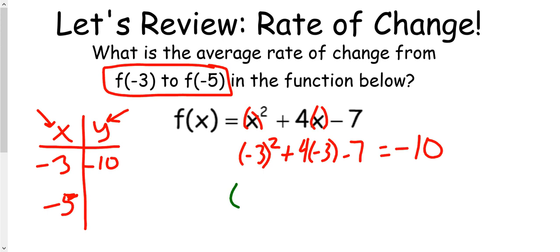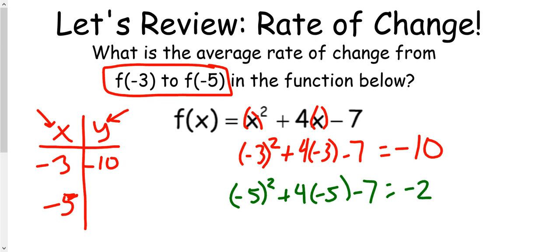Well, if we plug in -5 squared plus 4 times -5 minus 7, -5 squared is a +25, plus 4 times -5 is a -20. That gives me a +5, minus 7 will give me a -2.